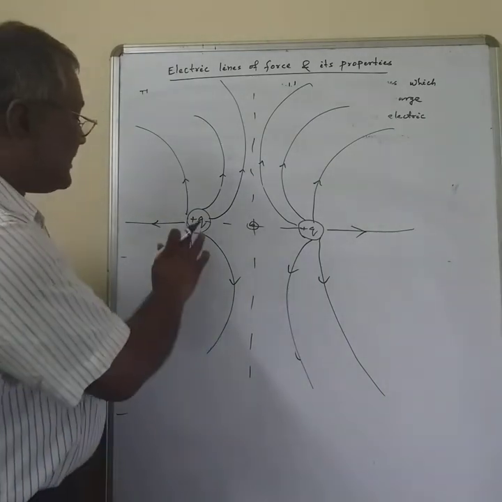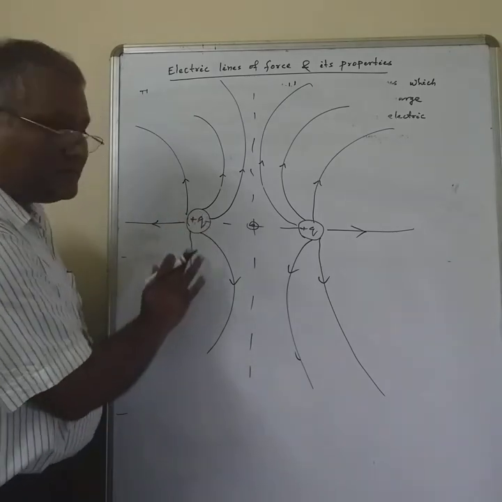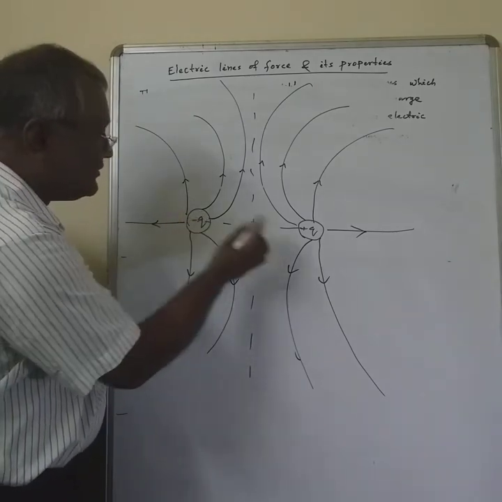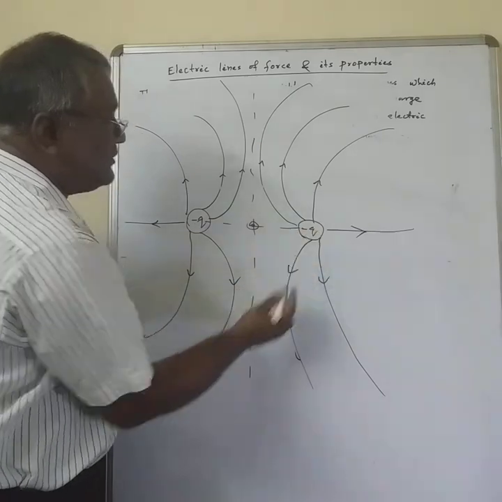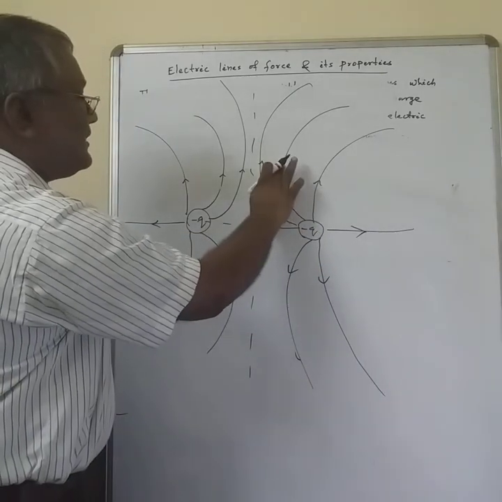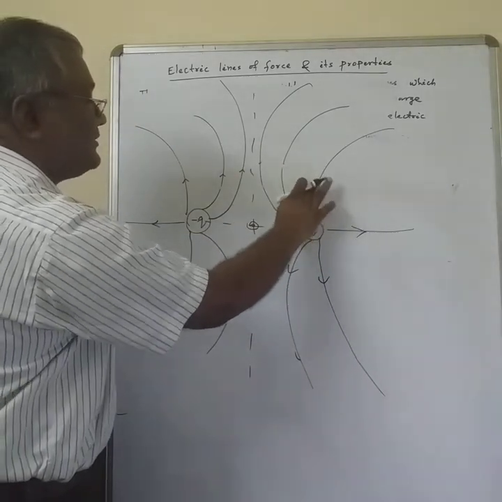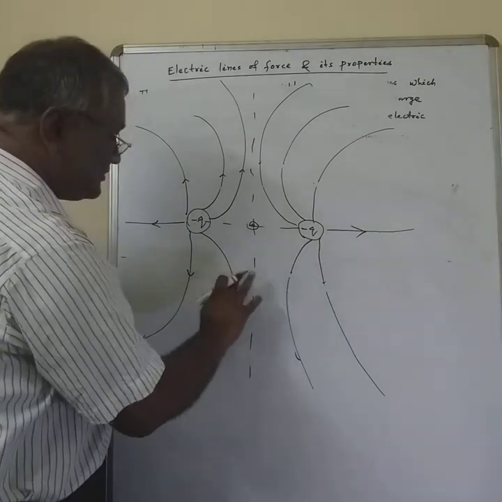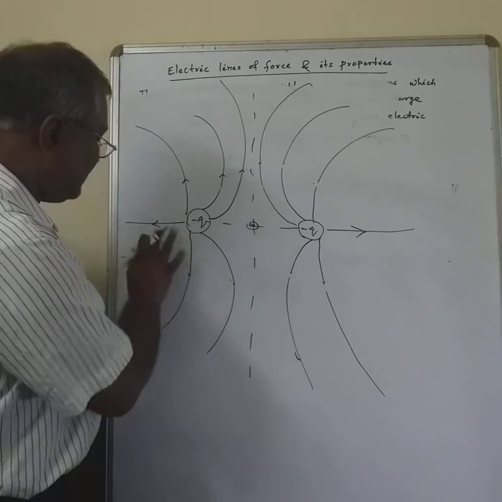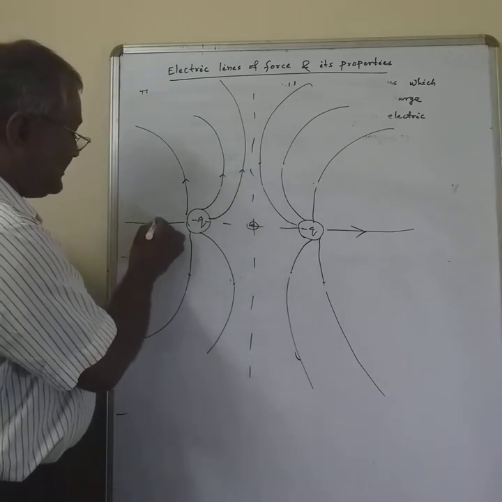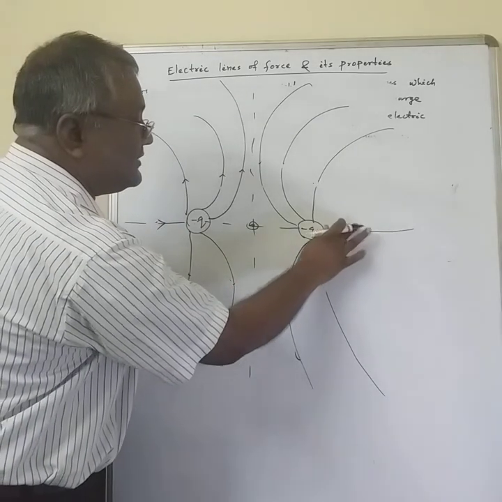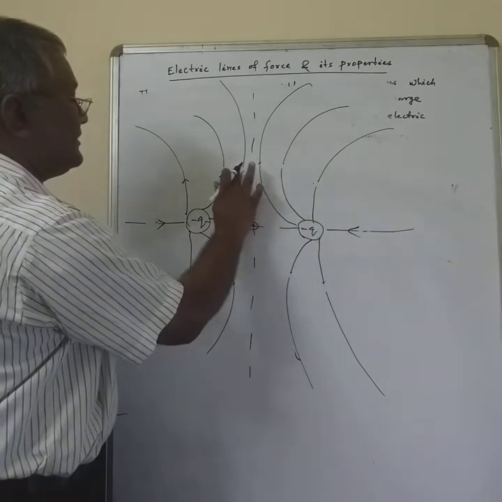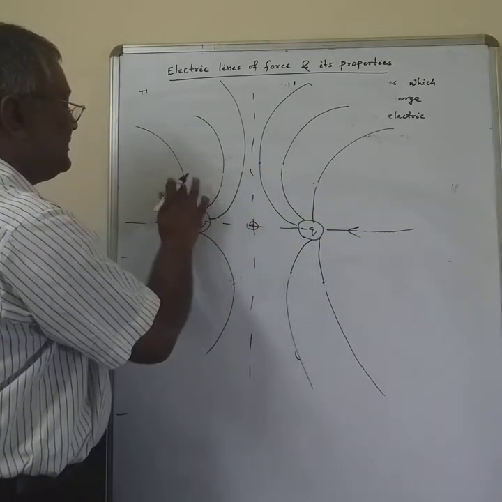And due to minus Q and minus Q, how will the figure be? Suppose this is minus Q and this one is minus Q. Then the only difference is that the field lines will be the same, but their direction will be just opposite. Negative, towards; negative, towards.